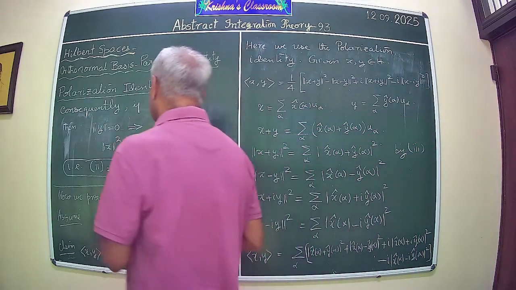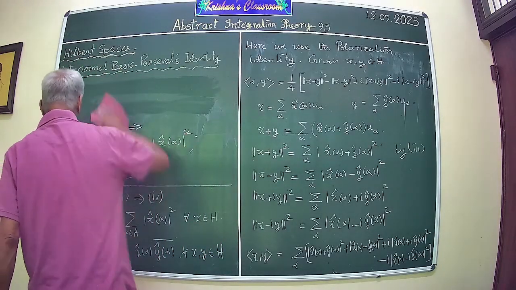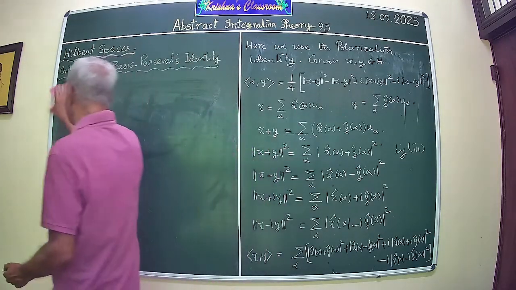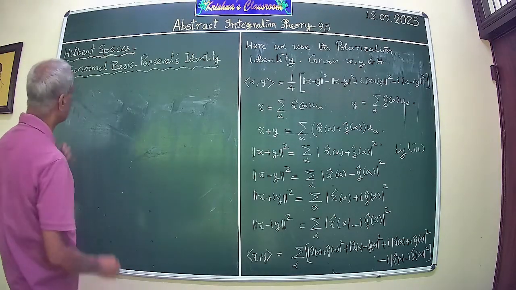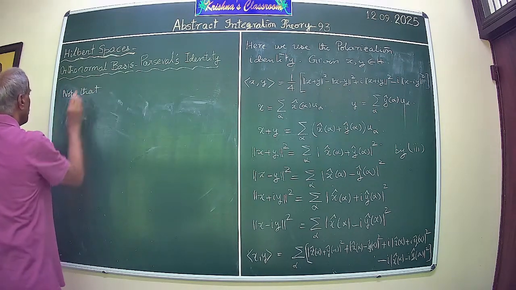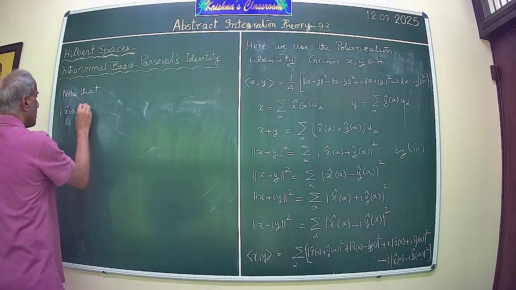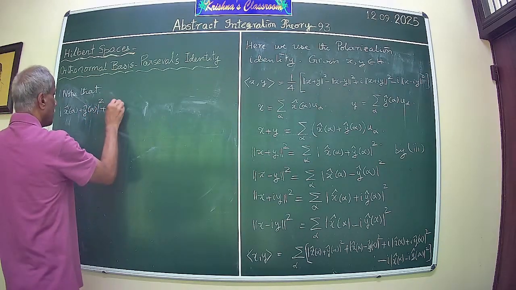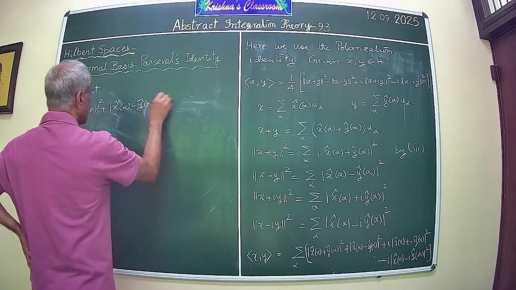You simplify this. This is what we have done. I am just skipping the calculation. These are all complex numbers, so you are just adding them.